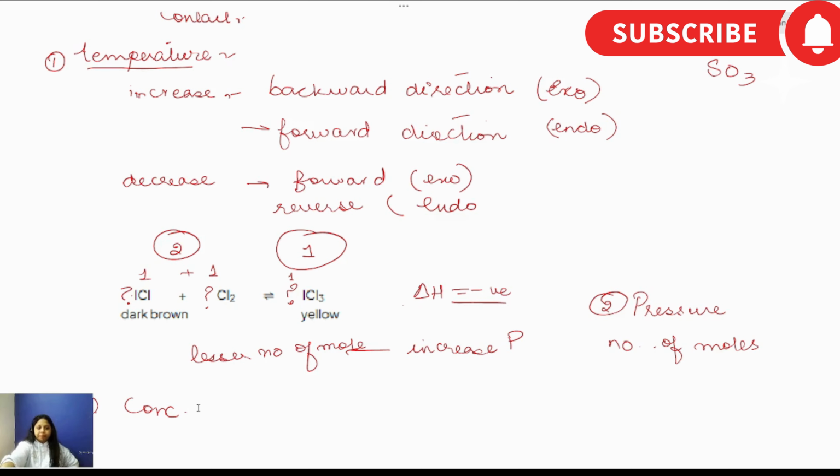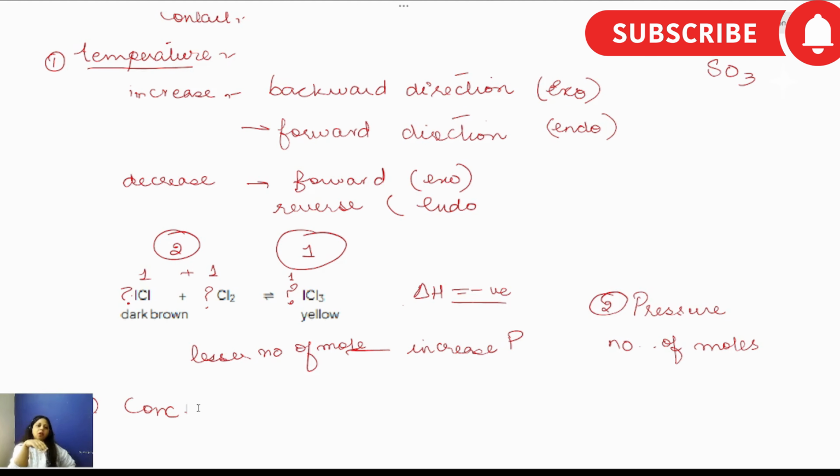Think carefully. You have to maintain the equilibrium. There's no ICl3. Towards the right, because the concentration should be the same on left and right.